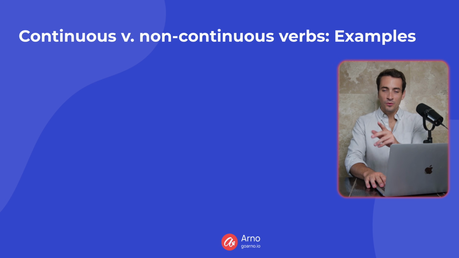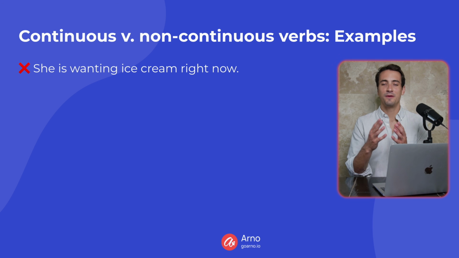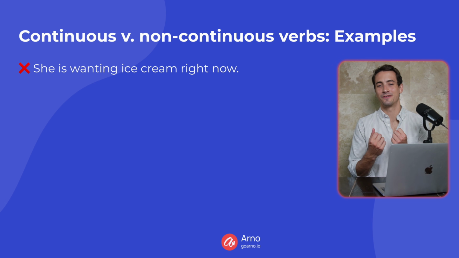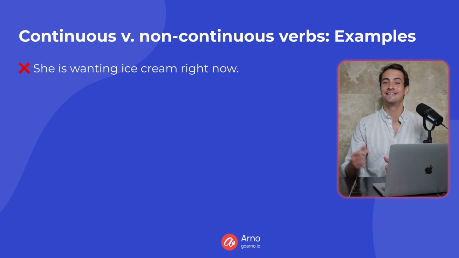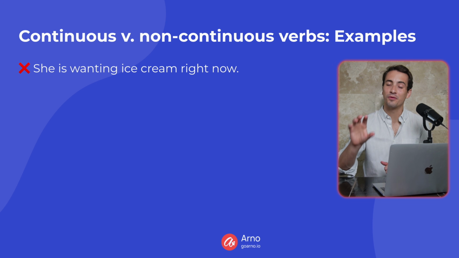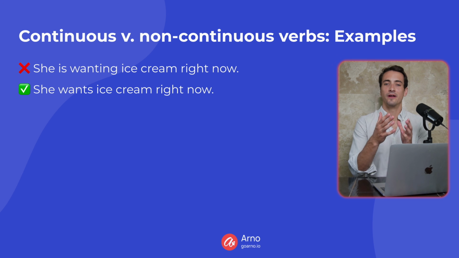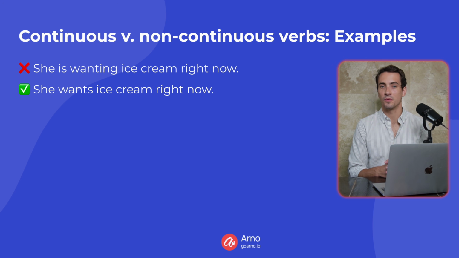So the most common mistake that I see is people say something like this: she is wanting ice cream right now. That's incorrect, because to want is a non-continuous verb, which means it needs to be used in the present simple tense. What you need to say is she wants ice cream right now.